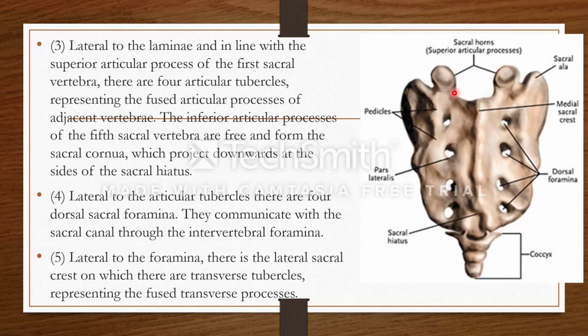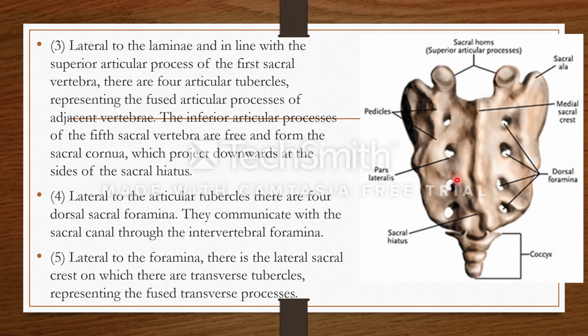Only the superior articular process of the first sacral vertebra and the inferior articular process of the fifth sacral vertebra do not fuse. Otherwise, the inferior of the first, the superior and inferior of the second, third and fourth, and the superior articular process of the fifth sacral vertebra fuse together to form one crest, named the intermediate sacral crest.